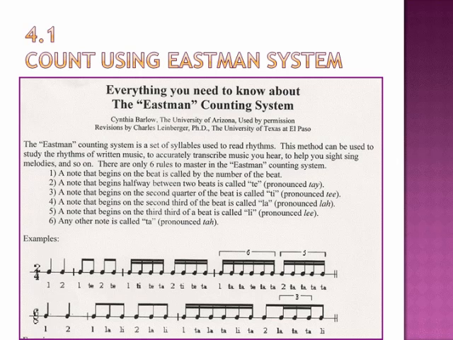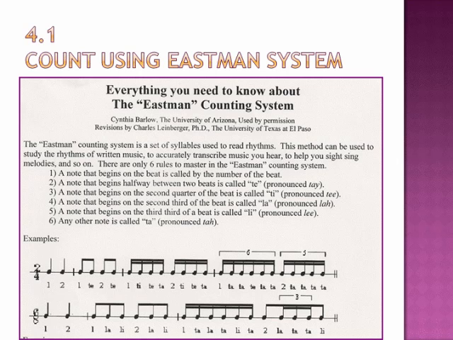Rule number 2, a note that begins halfway between 2 beats is called te, the syllable te. Number 3, a note that begins on the second quarter of the beat is called ti.